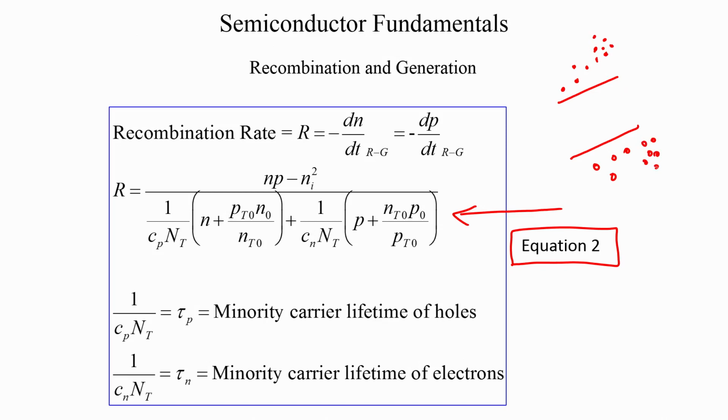So, this is in non-equilibrium condition, and with time, if the non-equilibrium condition is not maintained, if the semiconductor is simply taken out of equilibrium and left alone, it will try to find its way back to equilibrium.